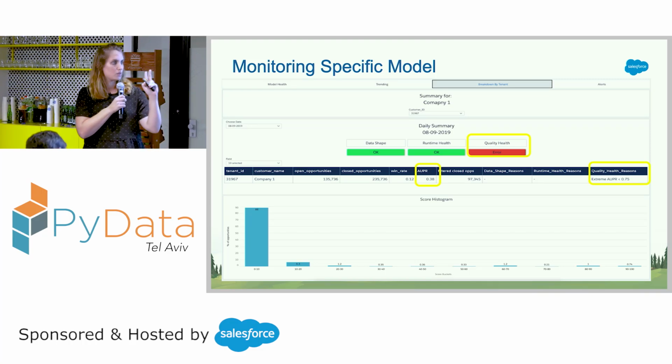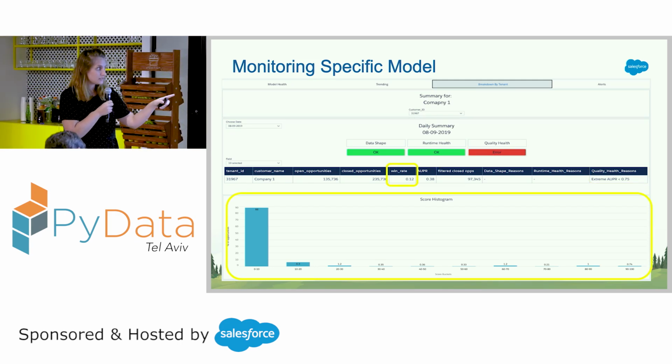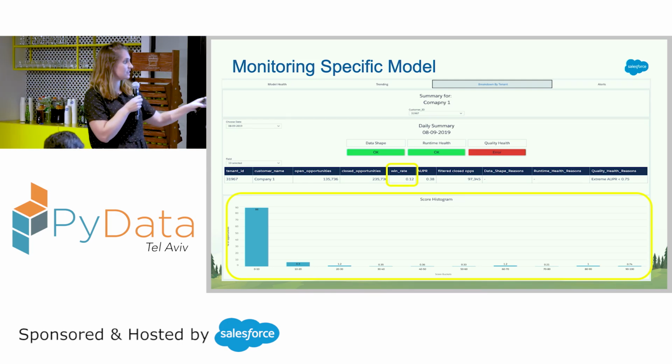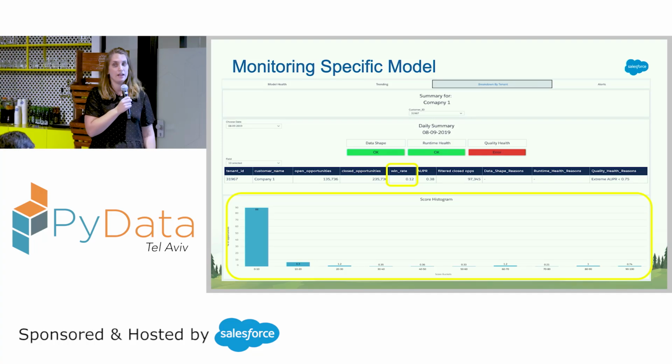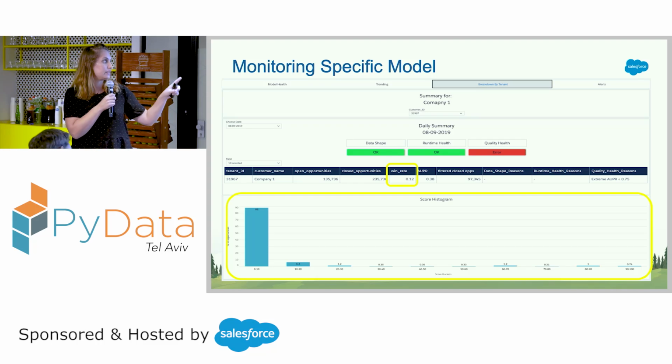I can see another 2 things. The first one is the score histogram and the win rate. You can see here that the score histogram, the distribution of the scores that this specific customer has, is really biased, unbalanced, and almost all the scores I give him are close to 0. Also, you can see it correlated with the win rate, the really low win rate.